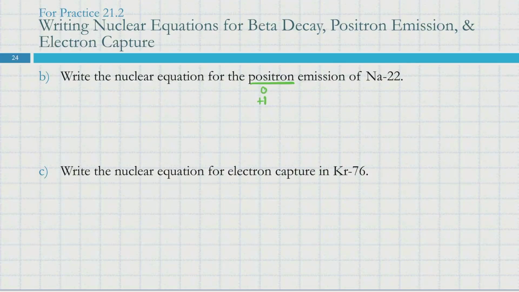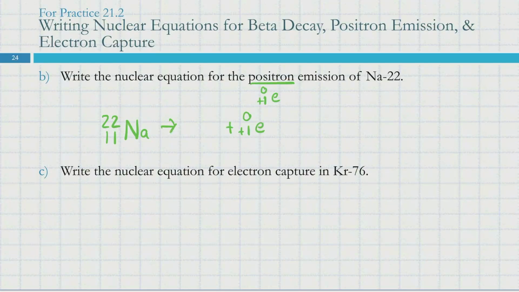So it's got the opposite number. It's got a +1 instead of a -1, and it's still got the symbol e. Sodium-22 has a mass number of 22, and we can find it on the periodic table. It's got an atomic number of 11. So it's emitting a positron, going to something and a positron, 0 and +1 e.